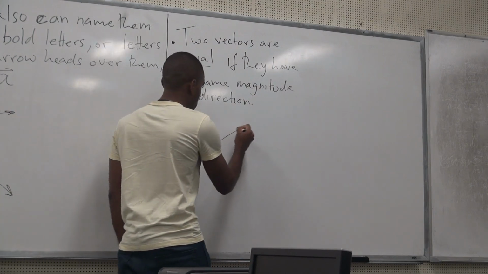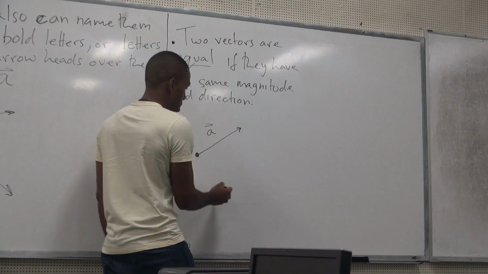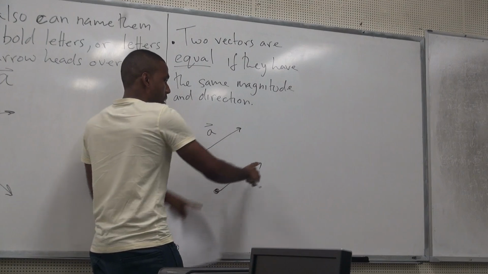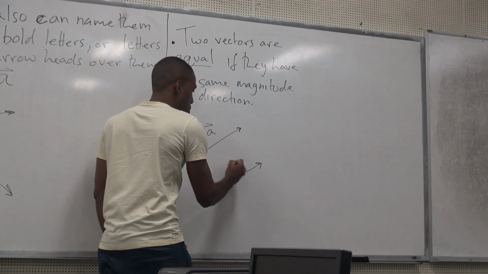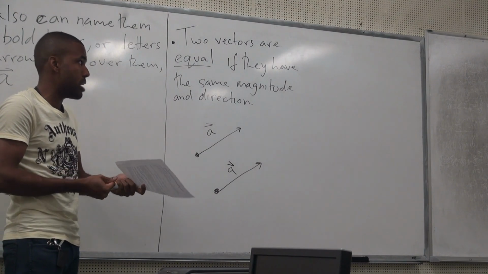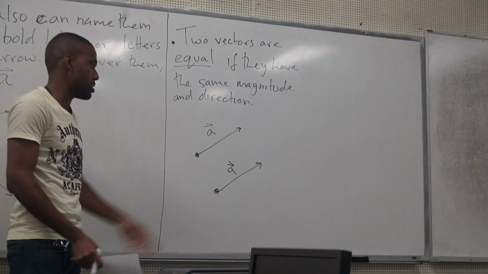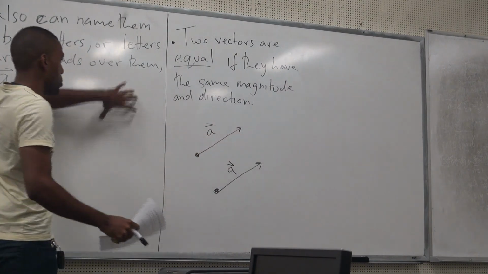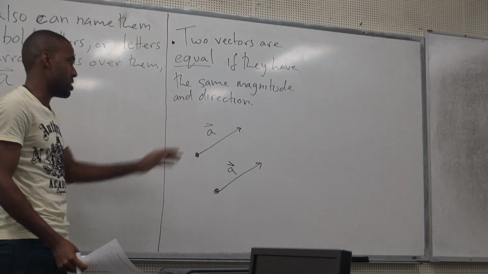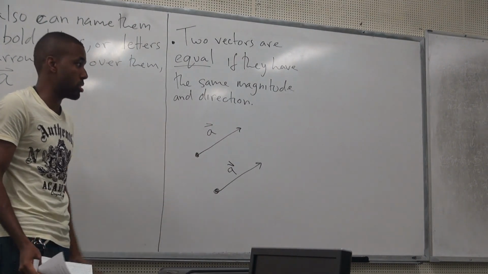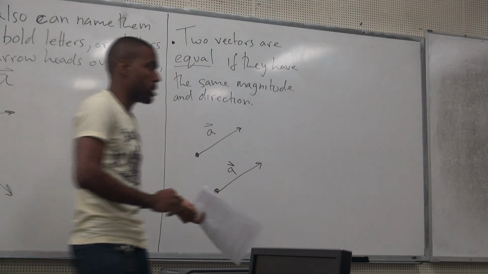So I can have a vector here, A, and I can move it over here. Once it's parallel and has the same length, I can also call this A. I cannot distinguish between the two. Once they have the same direction and magnitude, they are equal. They are the same. I can call them the same thing. Right? There's no difference. I can take this one and move it over here. It's still A. It doesn't matter where the arrowhead or the base is. Vectors, we can move them around.